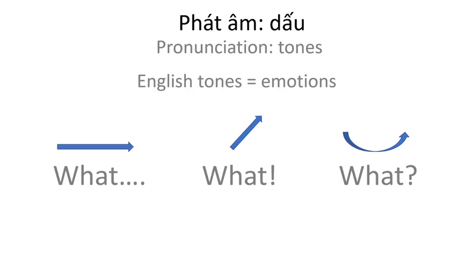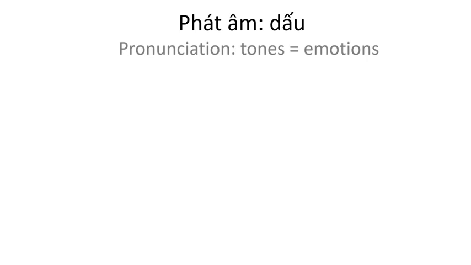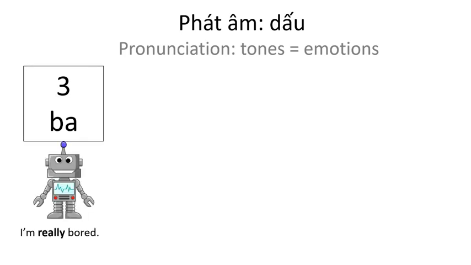And if we can put ourselves in the mindset of these emotions when we say Vietnamese words, then they should come out more correctly. So applying this idea of English tones equal emotions to Vietnamese numbers, we have ba, I'm really bored, robotic, flat tone.